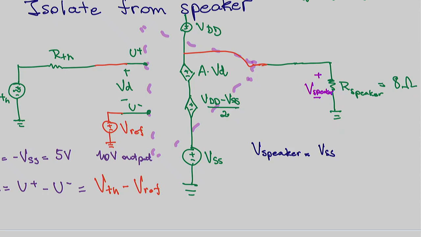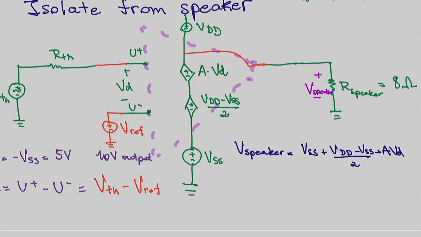Okay, so I'll just write down what I just said, and if you were following with the laser, I'll do it again. It will be VSS plus (VDD minus VSS) over 2 plus A times VD. I need more space. Sometimes it gets too crowded.